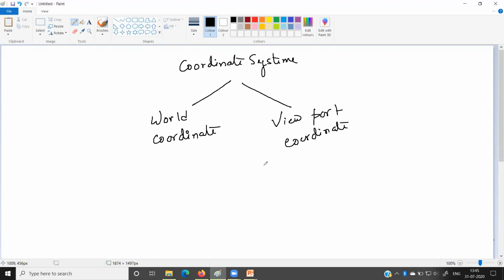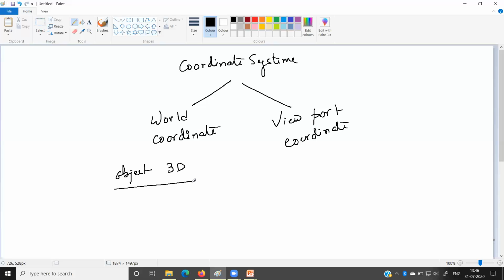Now, when we want to view an object with the help of the monitor or with the help of some image, that object is converted from the world coordinate system to the viewport coordinate system. One important observation is that in the world coordinate system, all the objects we see in our surroundings are in 3D form.